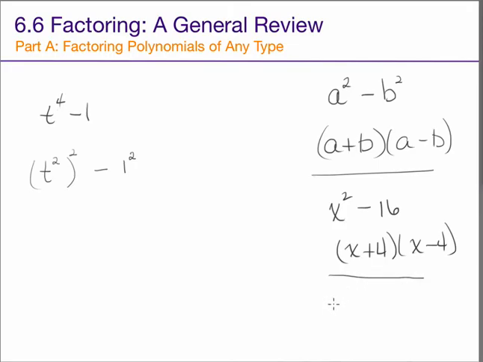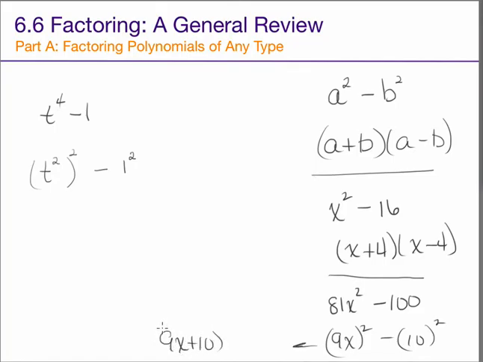Or I might have 81x squared minus 100, and that can be written as 9x squared minus 10 squared. So that factors as 9x plus 10 times 9x minus 10. 9x is my a squared, and 10 is my b.